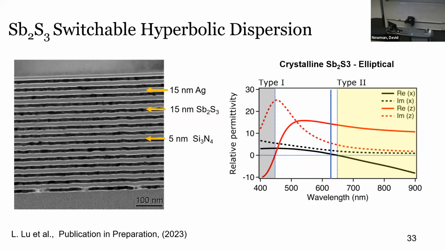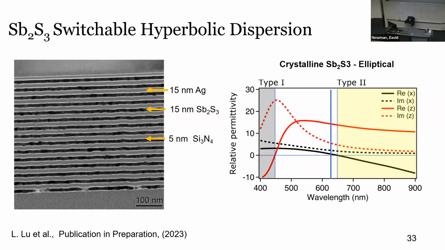In the amorphous phase, if we look at 630 nanometers, just here where this blue line is, we see that the real part is positive in plane, and out of plane is also positive. So it's basically behaving like a birefringent dielectric. So it'll have an elliptical sphere in k-space.